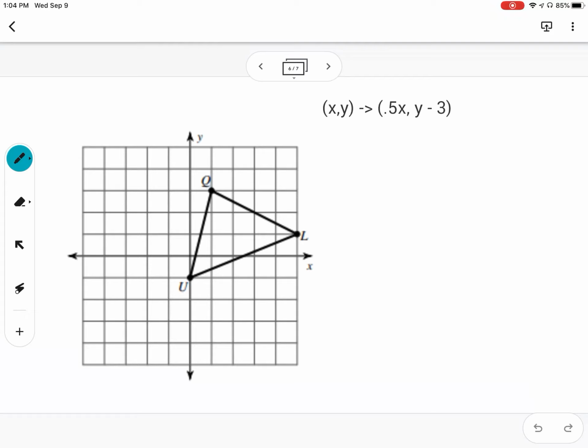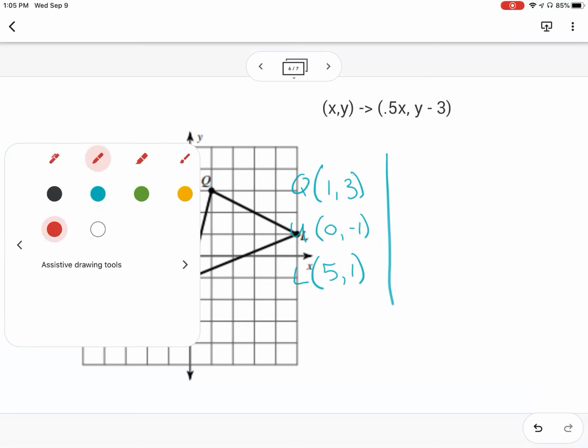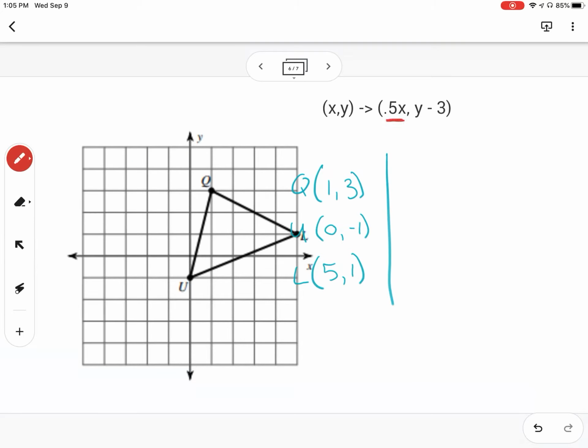Okay. For this one, we've got an equation again. So when you have just an equation, you can set it up by first writing down all your points. So we've got 1, 3, 0, negative 1, and 5, 1. Right. Now, according to this, x's are times 0.5, and y's are minus 3. Right.